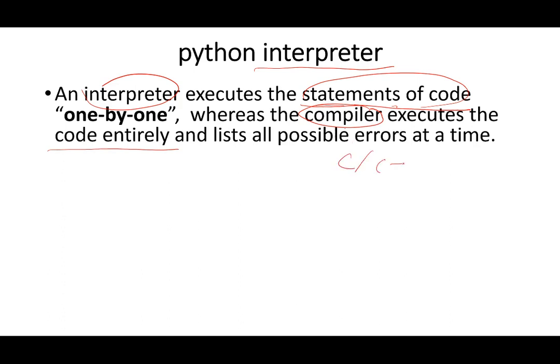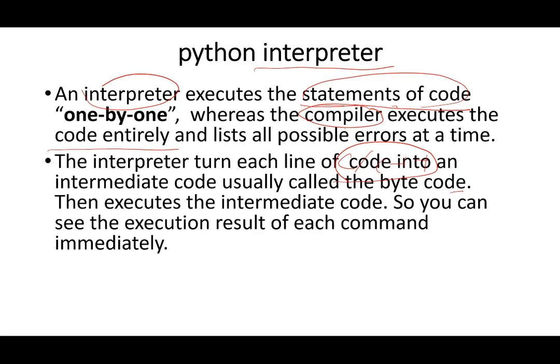C and C++ use a compiler to translate the source code into binary code. Python uses an interpreter to translate Python code into an intermediate code that is often called bytecode, and then executes the intermediate code by the interpreter.